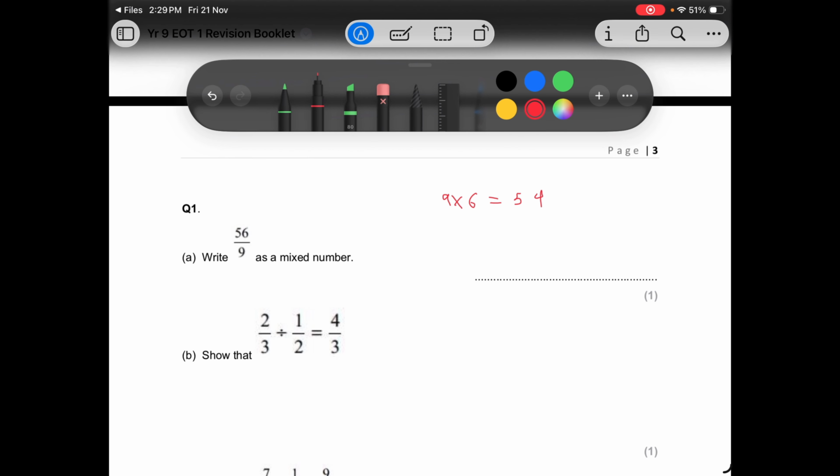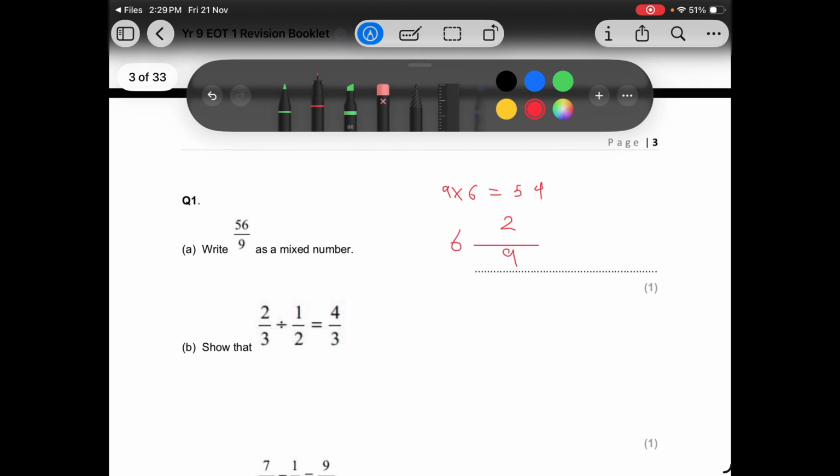Which means that we have 6 nines inside 56, and the remaining is 2, so this improper fraction will be written as a very nice mixed number, 6 and 2 over 9.